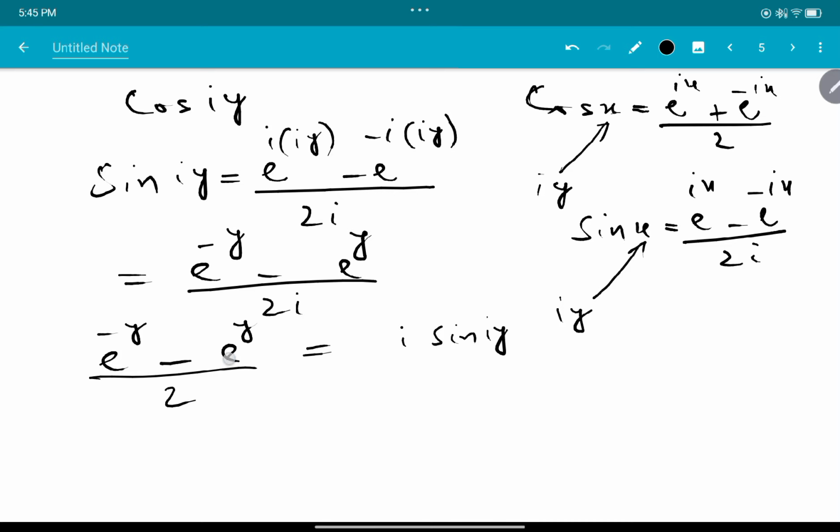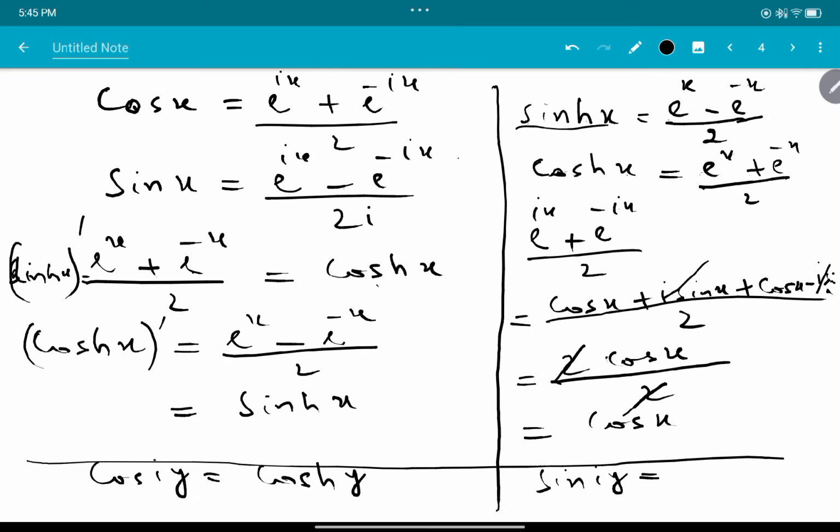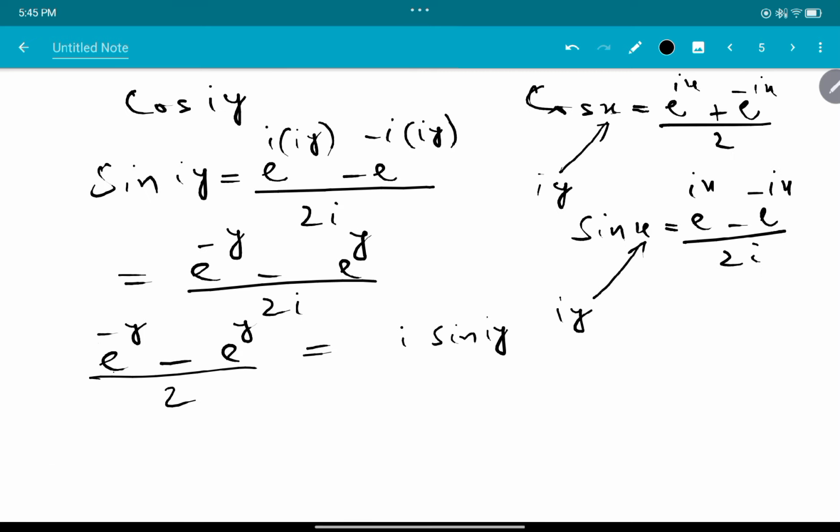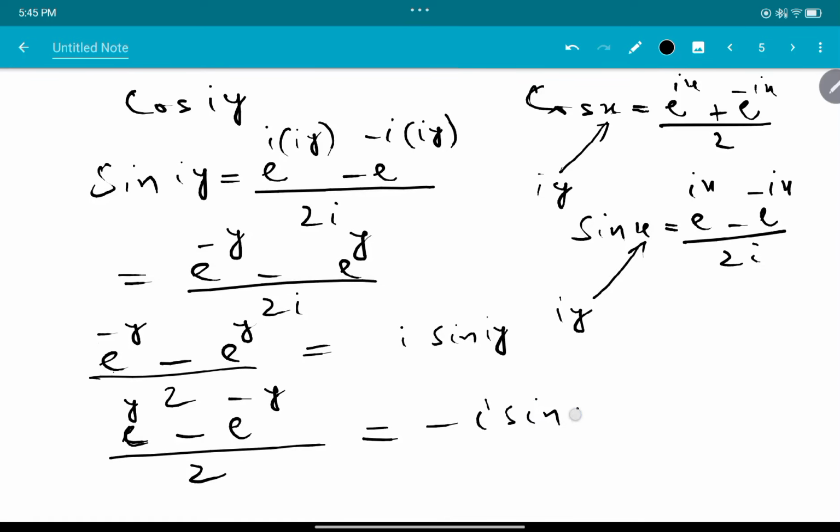In hyperbolic sine you have e raised to y first, then minus e raised to minus y, positive first then negative, divided by 2, which we can of course obtain from this by multiplying both sides by minus. That is minus i sine iy. So this is hyperbolic sine. So hyperbolic sine y is equal to minus i sine iy.